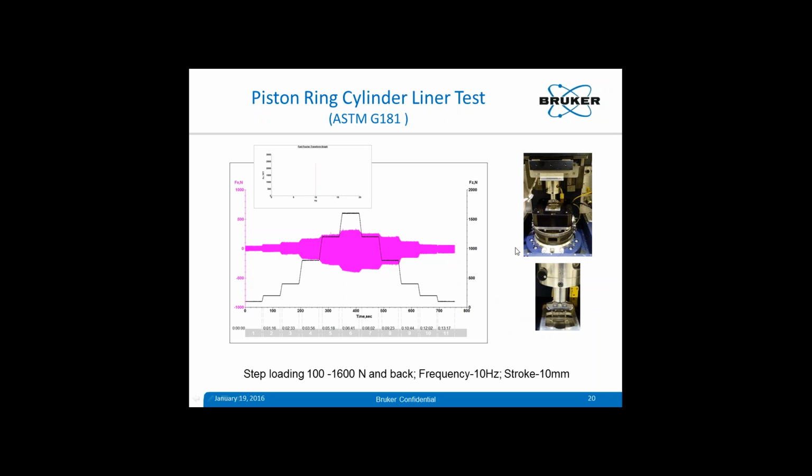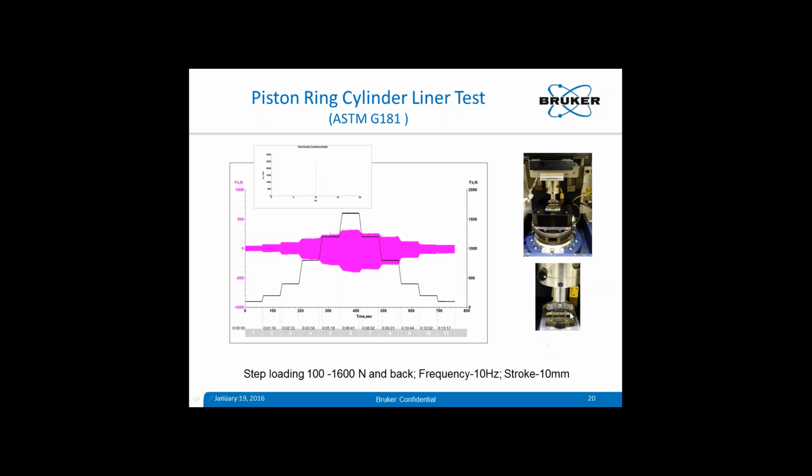Piston ring cylinder liner test is very important to study piston ring and cylinder liner for their durability, friction, and performance. It is very important to align them very precisely, and the contact has to be some kind of compliant contact between the piston ring and the liner.